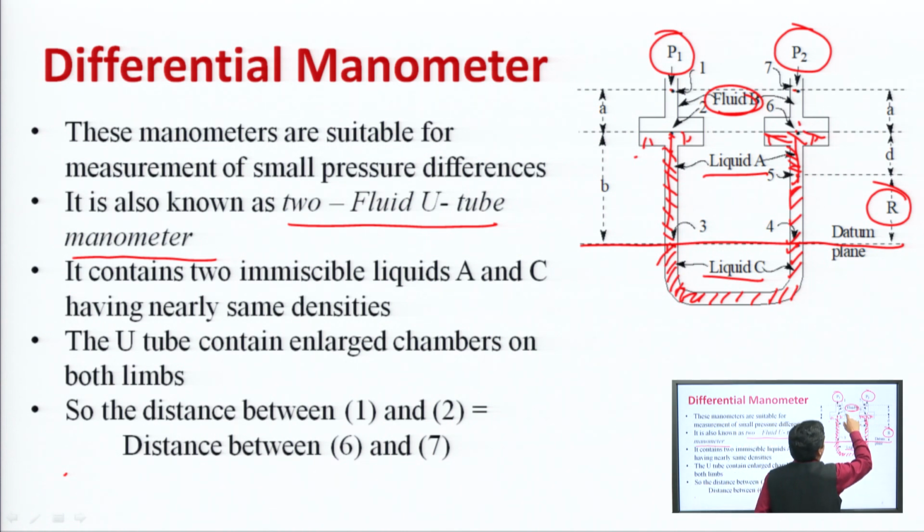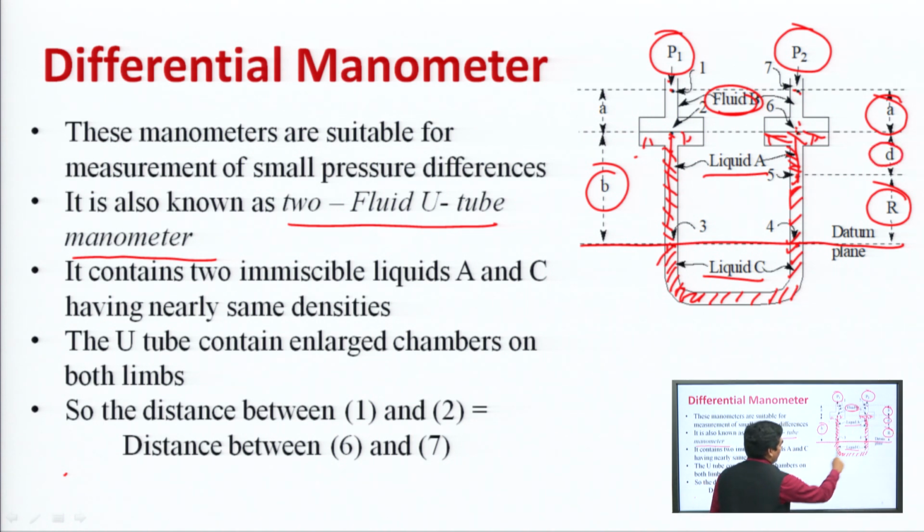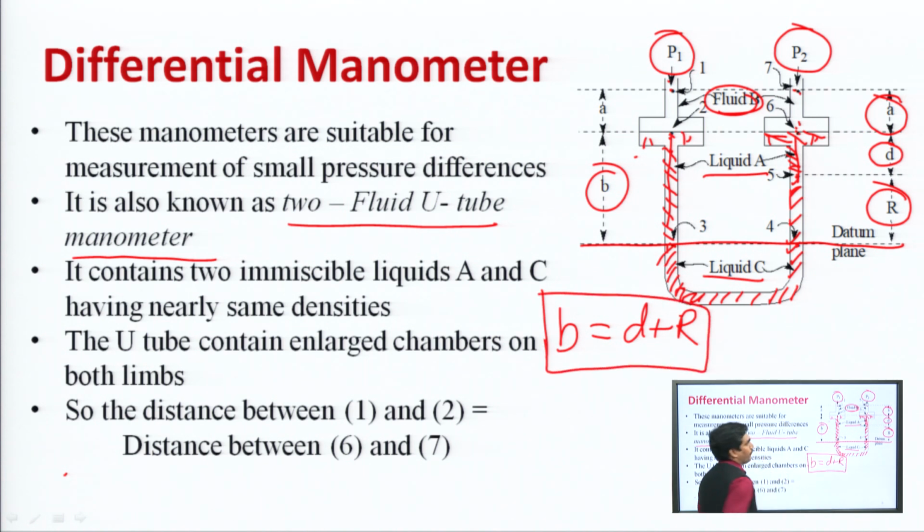The distance between point 1 and point 2 and distance between point 7 and point 6 is A. Similarly, the distance between point 2 and 3 is B, and distance between point 6 and 5 is D, and 5 and 4 is R. So, from the diagram it is evident that B is equal to D plus R.